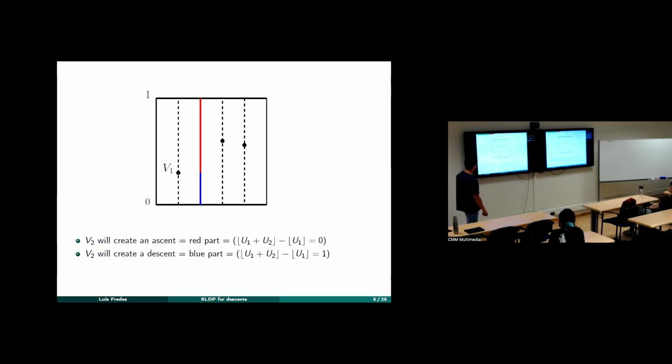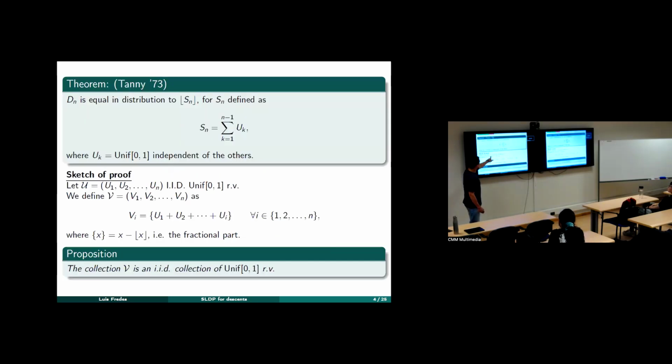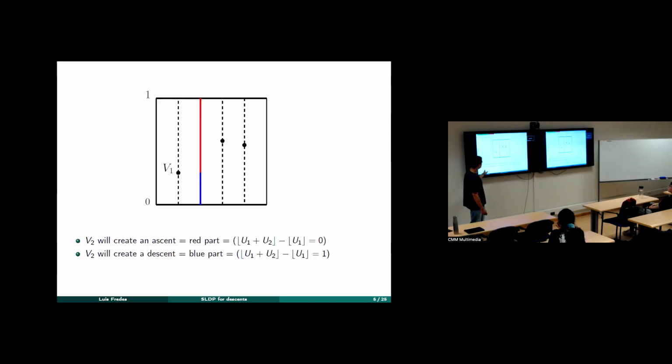Okay, so recall that I defined from Un a collection Vn. So imagine that V1, which is U1, gives us that point there. If the increment in the integer part doesn't add anything, so increment equals 0, that means that my V2 will be defined in this part, which is the red part.